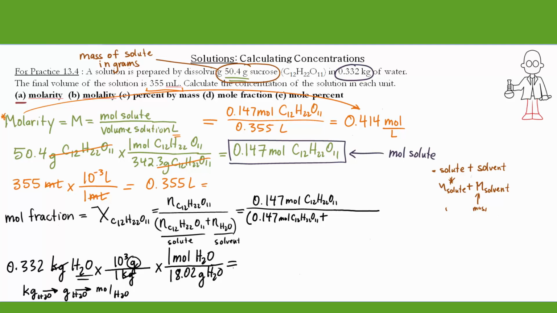So that gives me a total of 18.4 moles of H2O. So my moles of solvent is this, and I will write 18.4 moles of H2O.